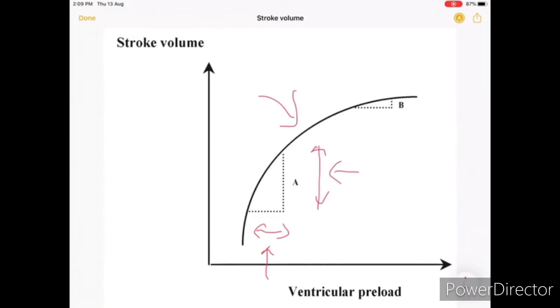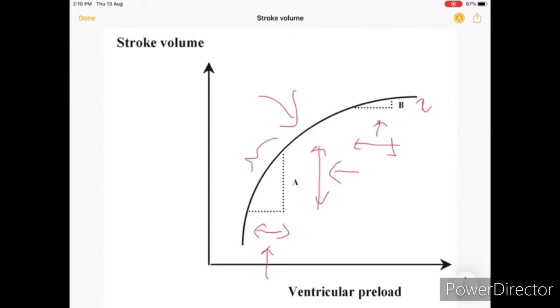Whereas if the ventricles fall in that portion of the curve which is flatter, the same increase in the ventricular preload will lead to a much less significant increase in stroke volume.